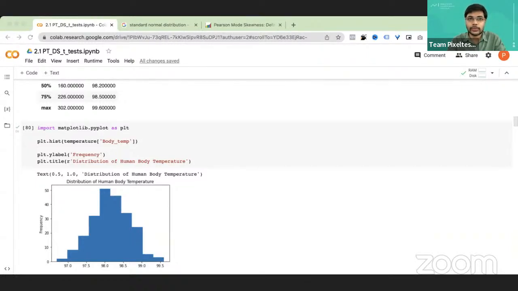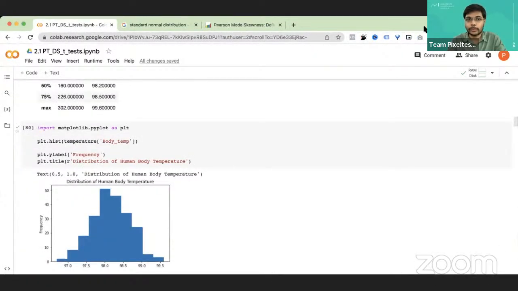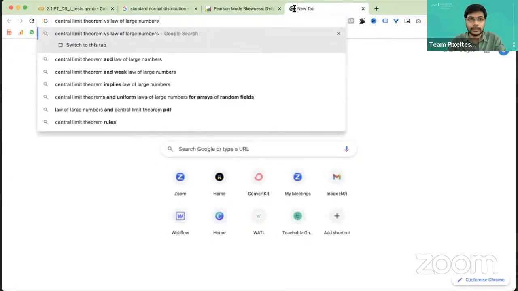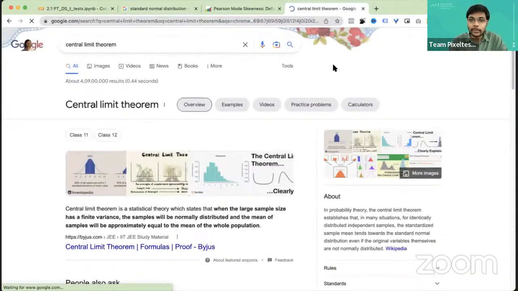Let me introduce you to this concept, which is central limit theorem. I hope my screen is visible. So we are going to understand a little about central limit theorem, right?